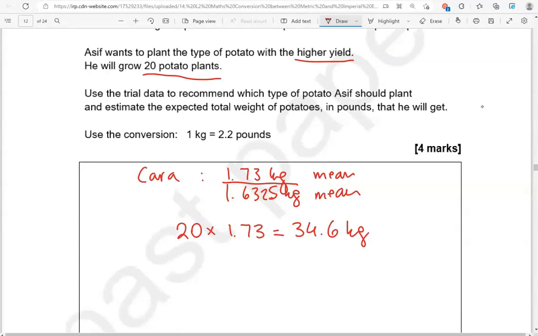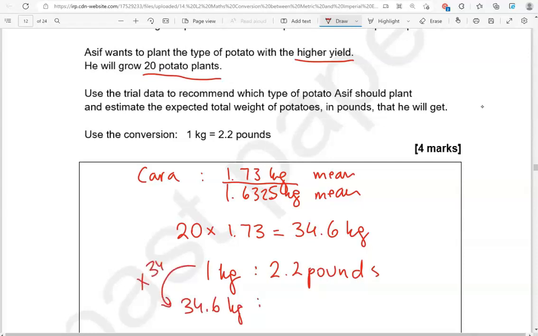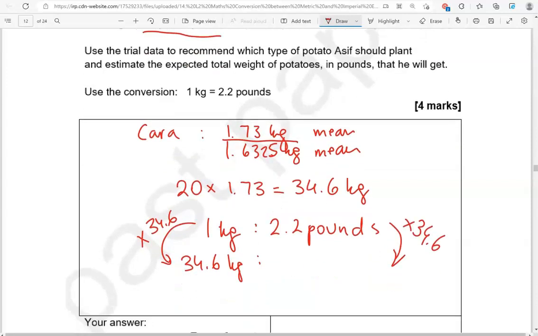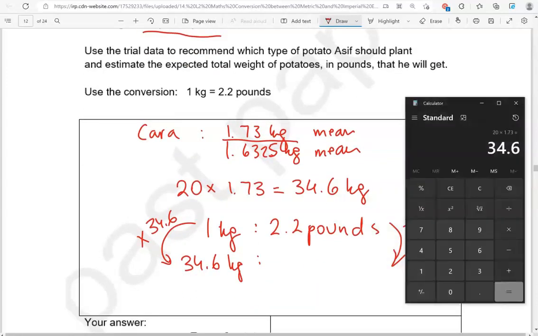So 1 kilogram is 2.2 pounds. What about 34.6 kilograms? So to get from 1 to 34.6, we multiply by 34.6. So we'll do the same on the other side. So 34.6 times 2.2 gives us 76.12.